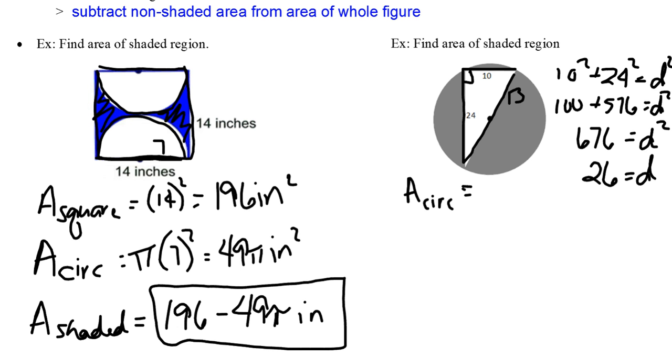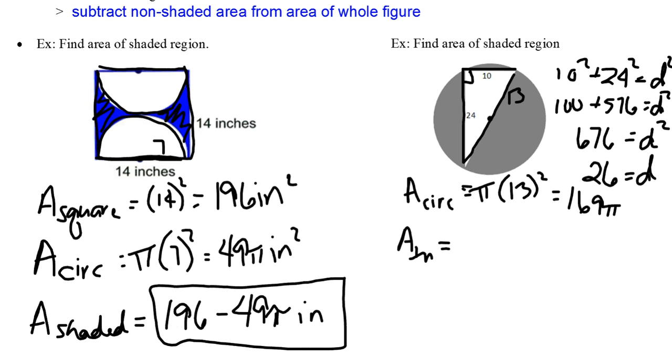So the area of the circle, now I do have my radius, is pi times that radius squared. So the area of the circle is going to be 169 pi square units. And the area of the triangle is going to be 1/2 the base times the height.